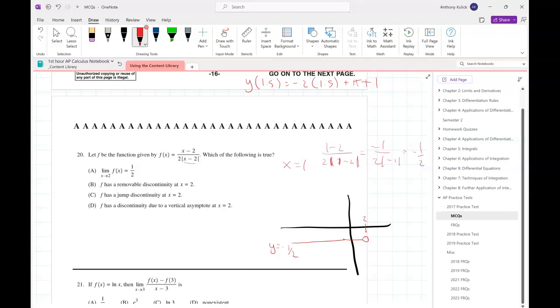Because it would make the denominator 0. Exactly. Now for values that are bigger than 2, like x equals 3, I'm going to get positive 1/2. So that should be what my graph looks like.